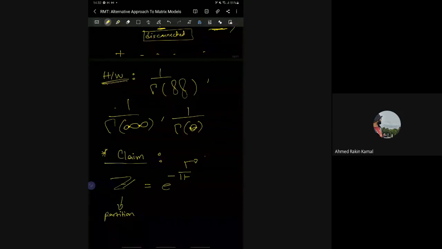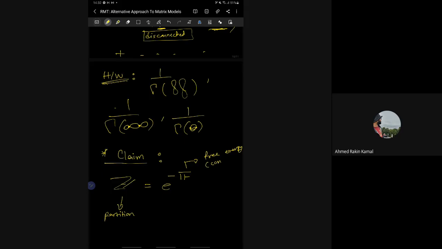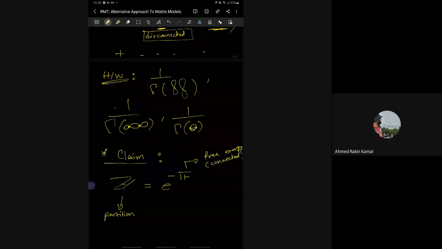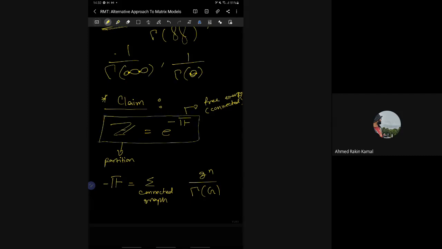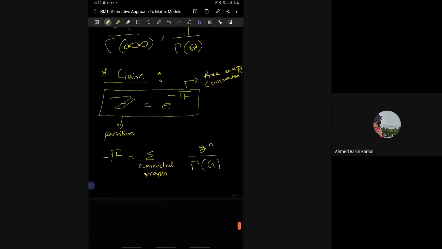This is a function we call the free energy, but I'll tell you its job. It's a function of connected graphs. What do I mean by that? The minus sign is just a convention. Connected graphs. So what I claim is that I can generate disconnected graphs and all possible kinds of graphs just from connected ones. This is what I'm claiming.